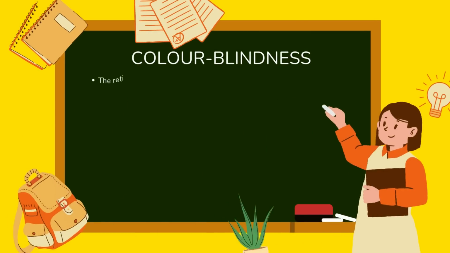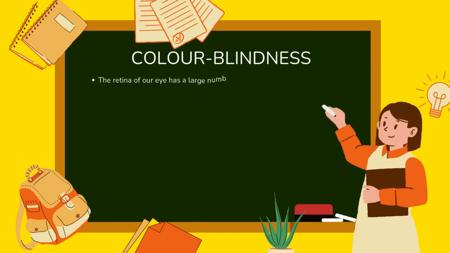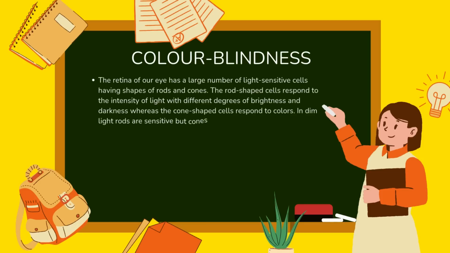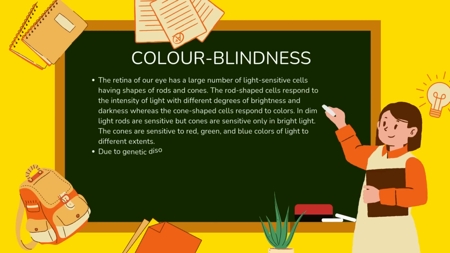Color blindness. The retina of our eye has a large number of light-sensitive cells having shapes of rods and cones. The rod-shaped cells respond to the intensity of light with different degrees of brightness and darkness, whereas the cone-shaped cells respond to colors. In dim light, rods are sensitive but cones are sensitive only in bright light. The cones are sensitive to red, green, and blue colors of light to different extents.